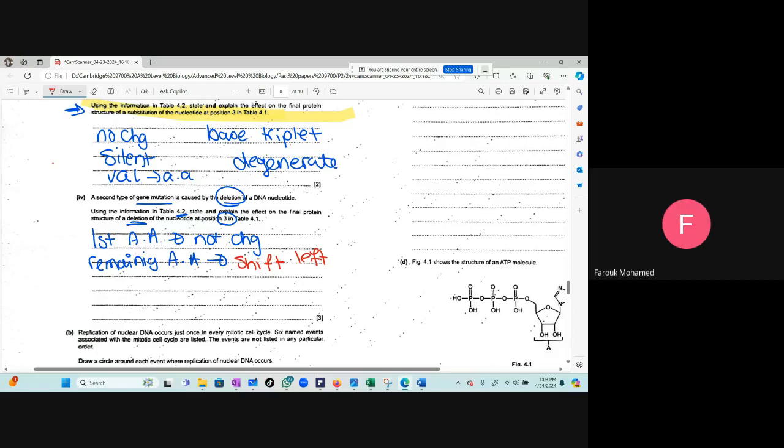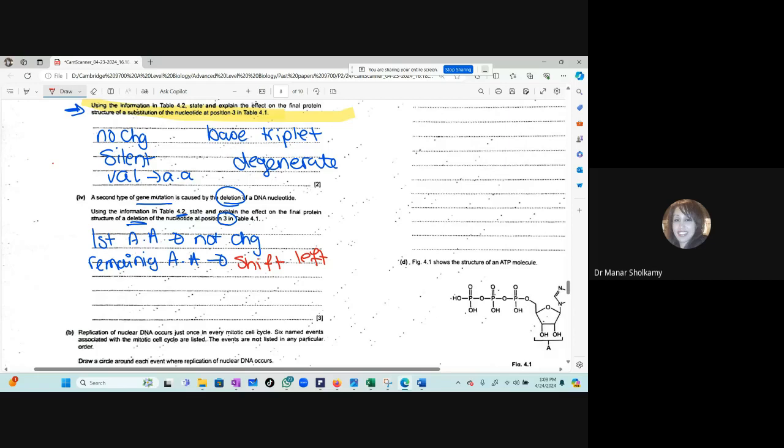Yes, and all these sequences of the bases will change from the point of mutation onwards. This is called a knock-on or frameshift mutation because all base sequences will change from the point of mutation onwards. And just like you said, all the amino acids will change from this point onwards.